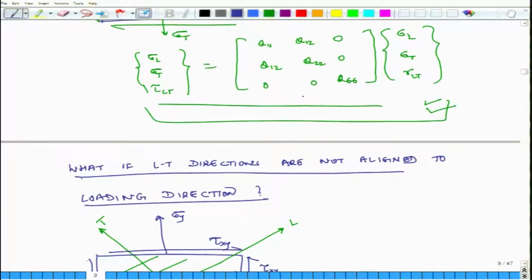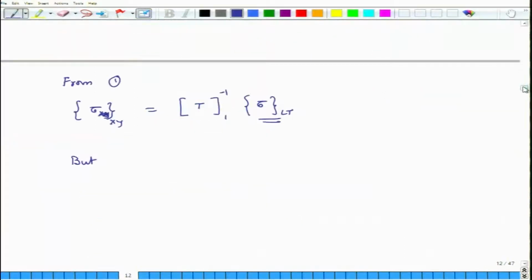We have shown several times now that sigma LT is equal to this Q matrix times epsilon LT, right. So, we will do this substitution. So, we know that sigma, when we are measuring with respect to LT coordinate system, is the Q matrix times the epsilon matrix measured in LT system.